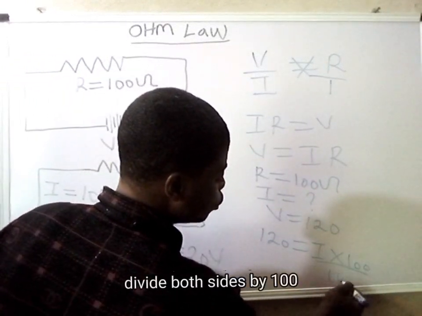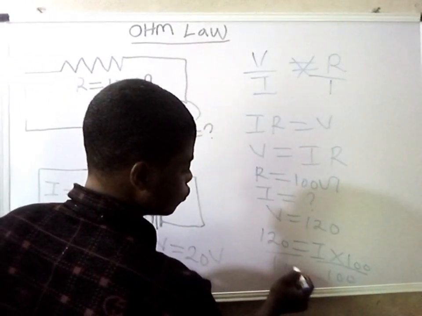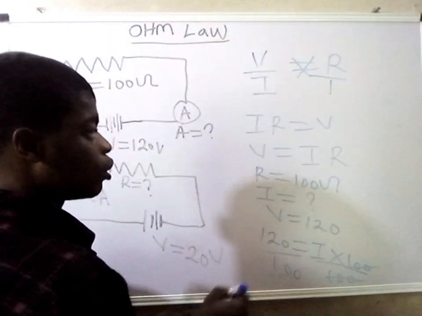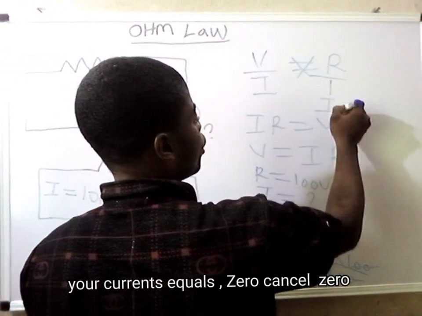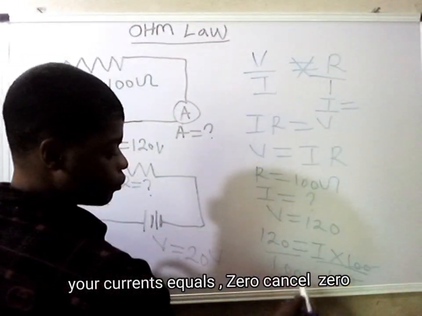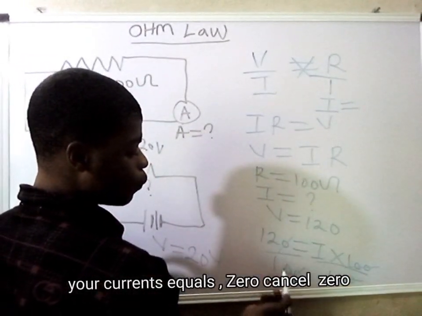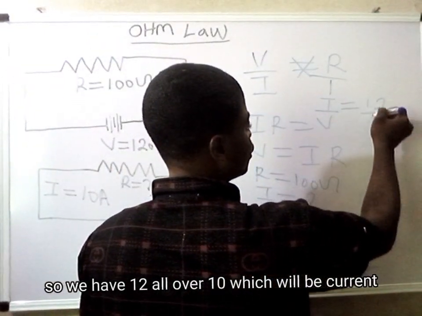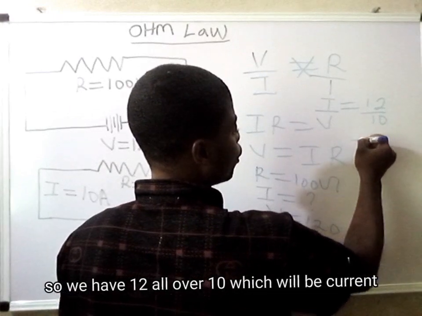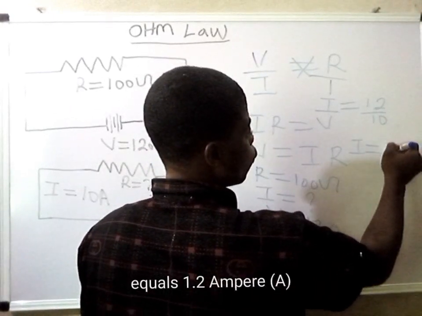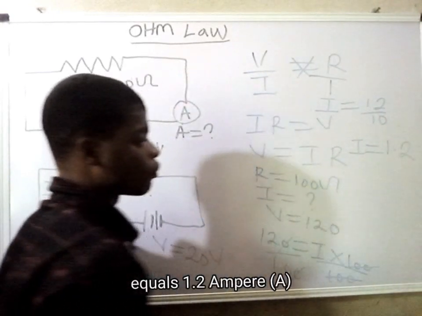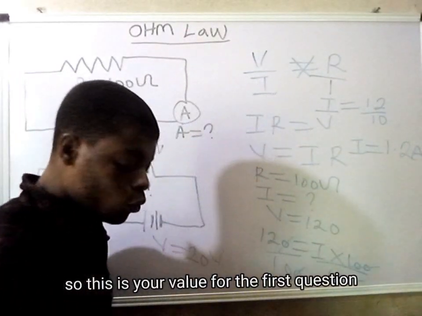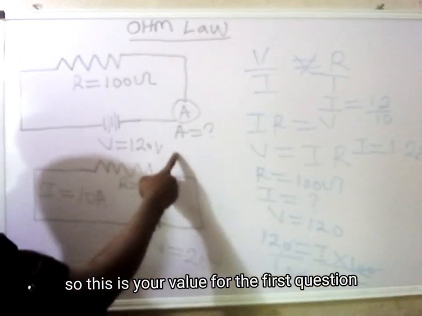Divide both sides by 100. 100 cancel 100. So your current equals, 0 cancel 0, so we have 12 over 10, which will be current equals 1.2 ampere. So this is your value for the first question.